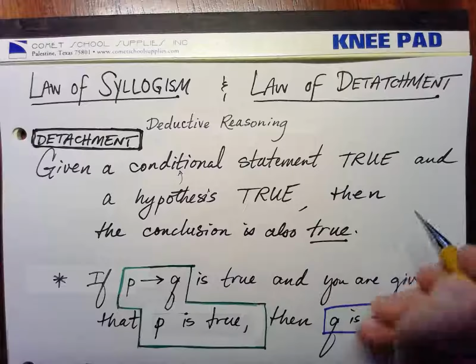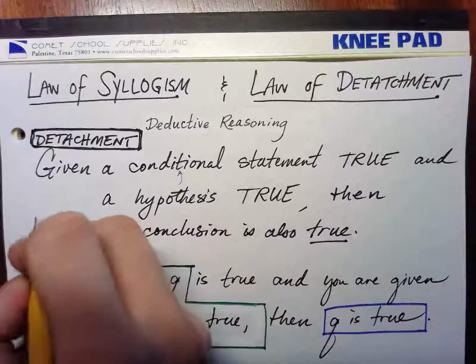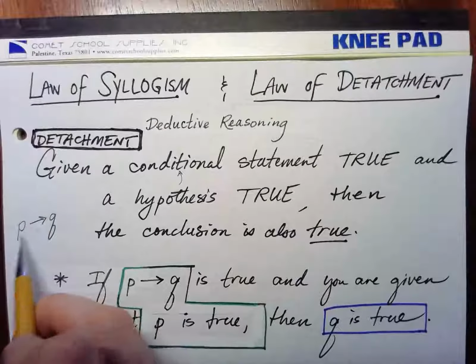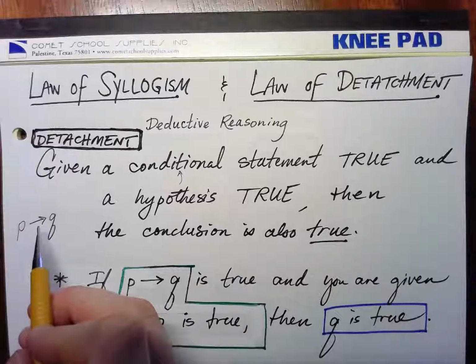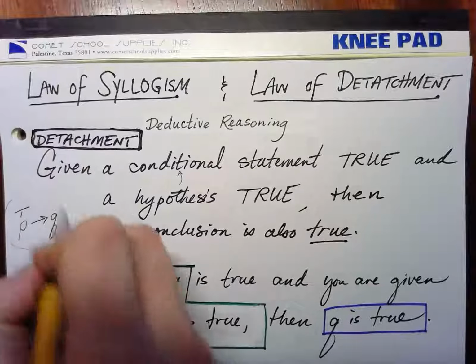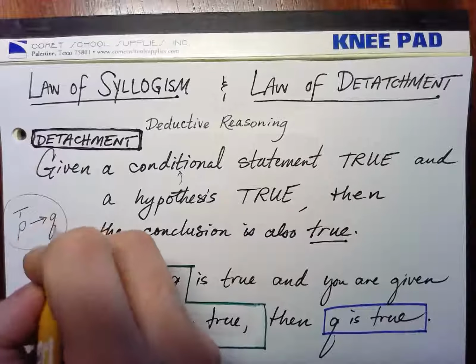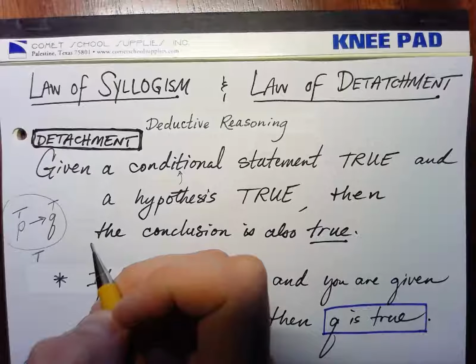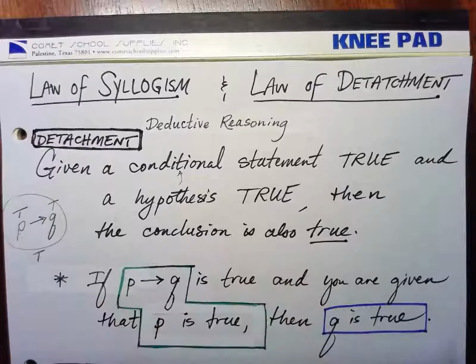What this is saying is if you have P then Q, and this is true and the hypothesis is true, then you can conclude that the conclusion has to also be true. So if P then Q is true and you are given that P is true, then Q is true.